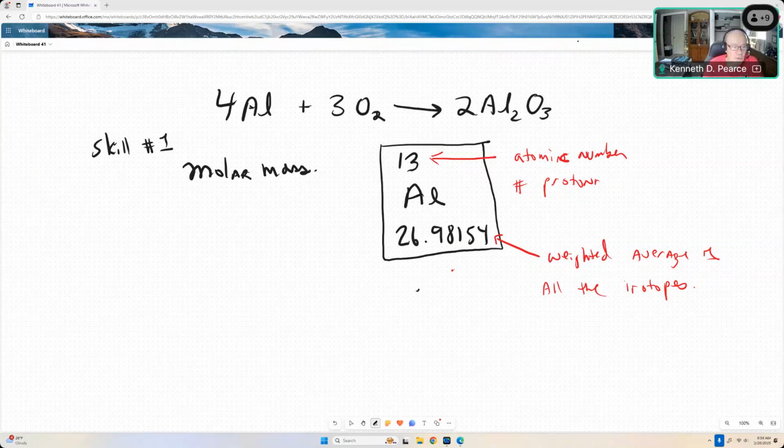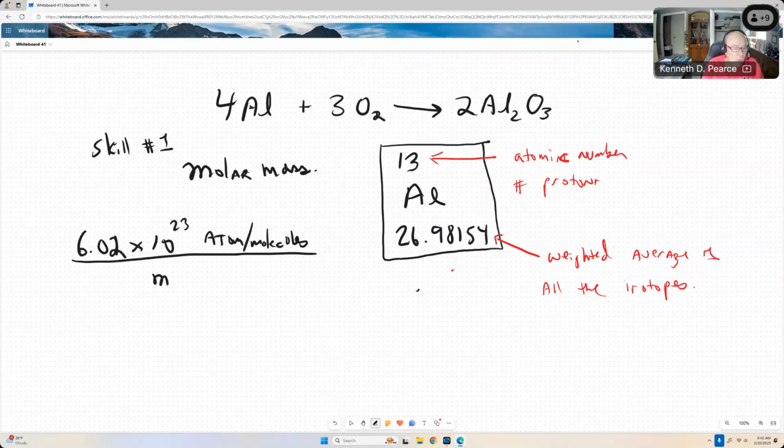So what we do is we have something called Avogadro's number. You may have heard of it, and it has some mystical, magical properties for many people. It's 6.022 times 10 to the 23rd atoms or molecules per what's called a mole.